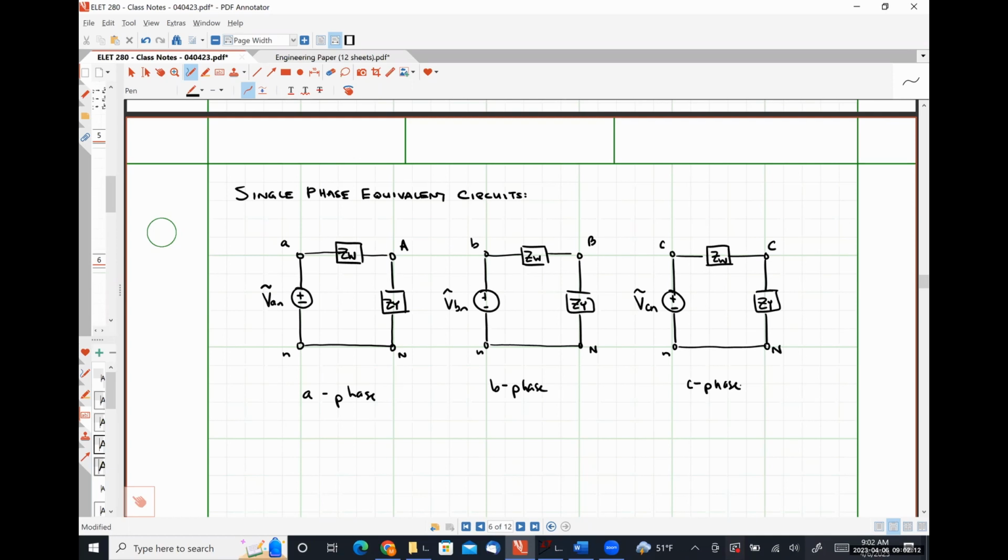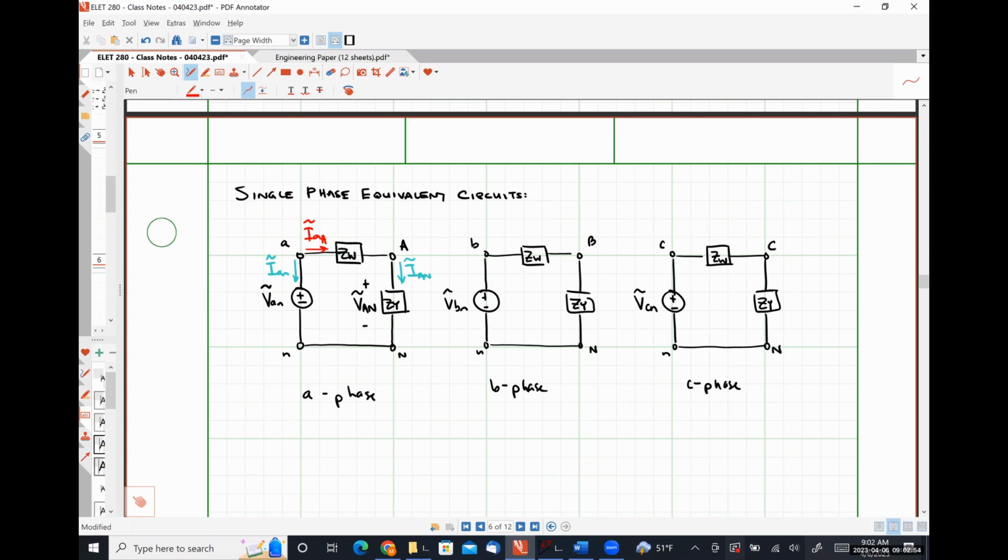I believe wholeheartedly that we should be able to solve for the phase voltages across our load, the phase current through our load, the phase current through our source, and our line currents using these single phase equivalent circuits.